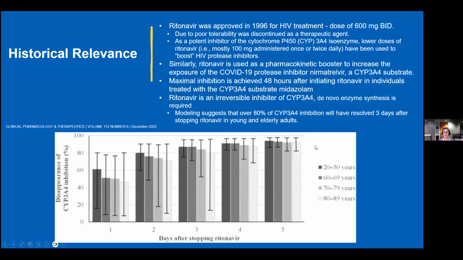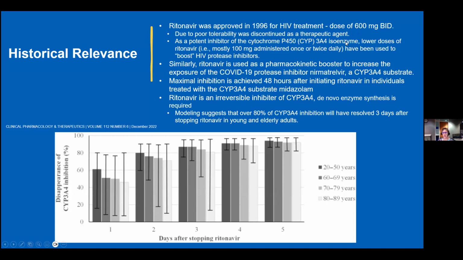Ritonavir, I included in here just from a historical perspective when I was thinking about this topic of drug inhibition. Ritonavir was probably the first medication that I can really remember that was approved for its ability to inhibit enzymes. It was initially approved for HIV treatment at a dose of 600 milligrams twice a day, but at that dosage, the medication was not very well tolerated by patients.